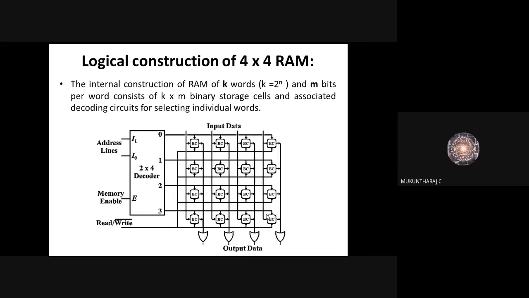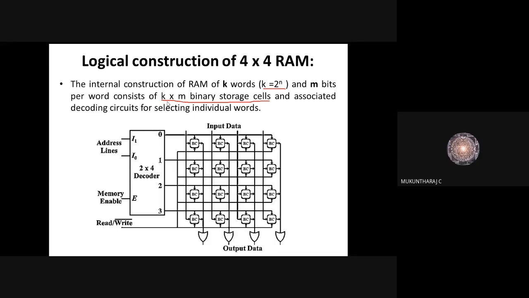So this is the internal construction of RAM of k words. k represents the number of addresses, so here k is nothing but 2 power n. Then m bits per word. m bits means the number of bits available in input data. So the number of binary cells is k into m.